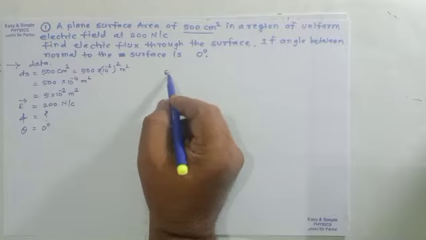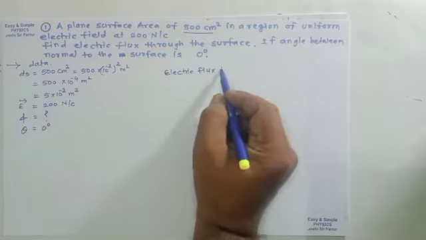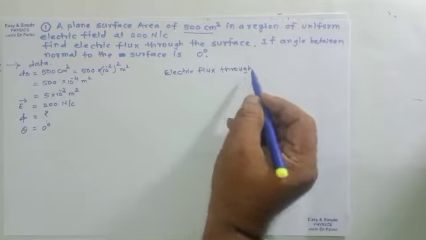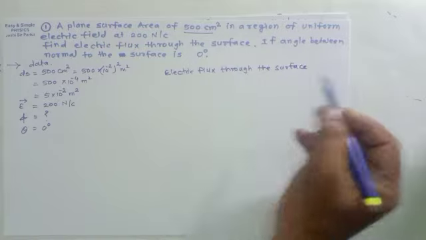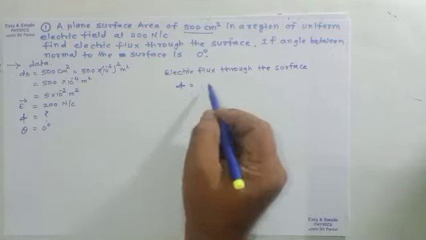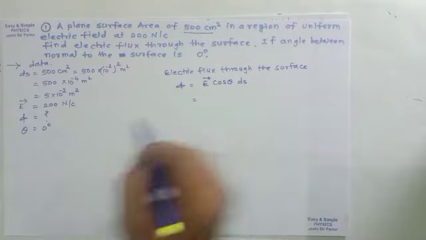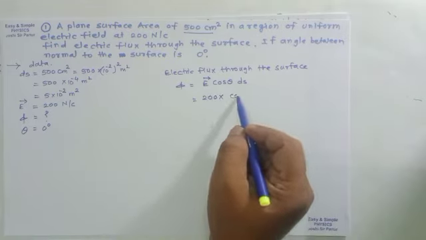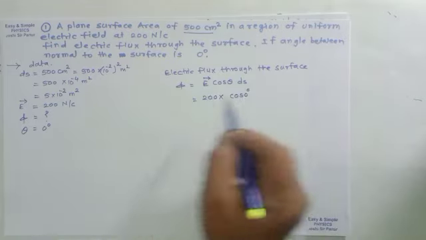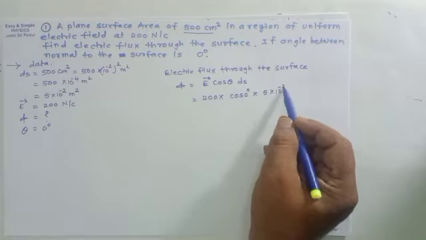So the electric flux through the surface will be phi equals vector E cos theta ds. If we substitute the values, 200 multiplied by cos of 0 degree multiplied by 5 into 10 to the power minus 2.